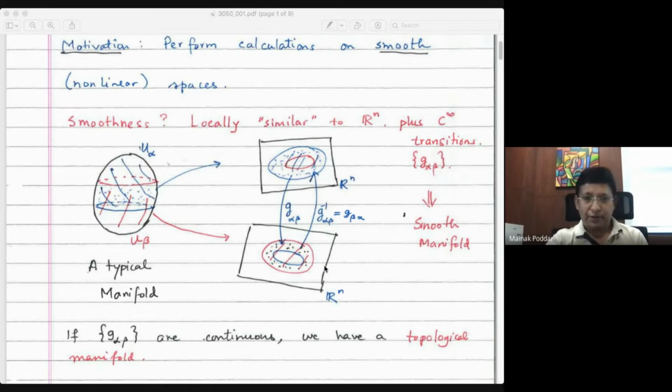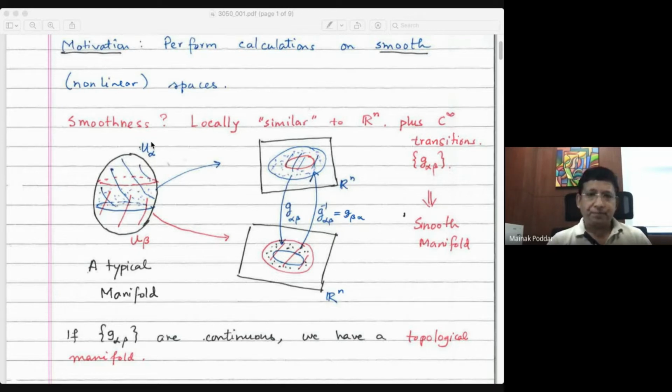And if they are just continuous, we get a structure of a topological manifold on the sphere here. But if these maps are smooth or C infinity, and I'm denoting these by G alpha beta and G beta alpha, which is just the inverse of G alpha beta, if these maps are C infinity, we say that the manifold has a smooth structure.